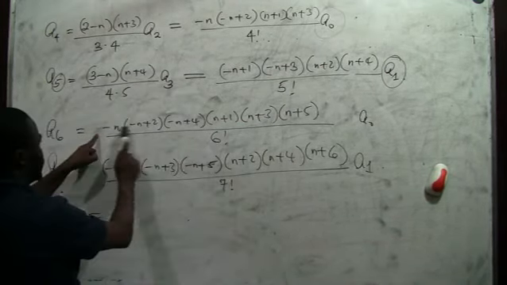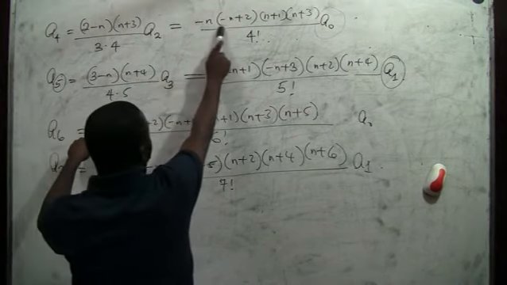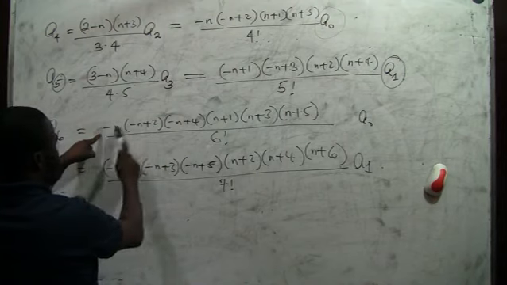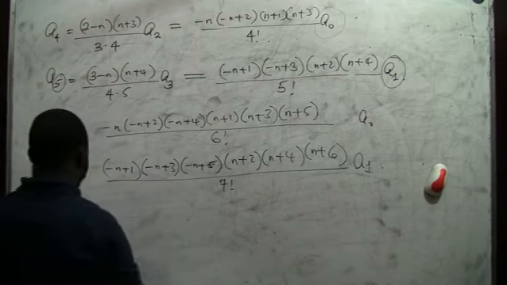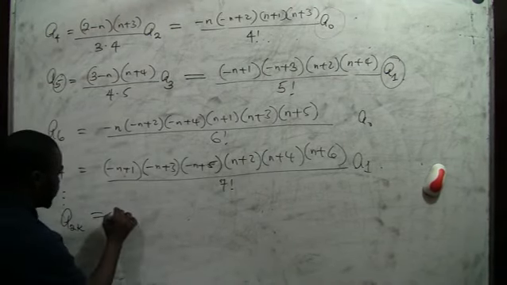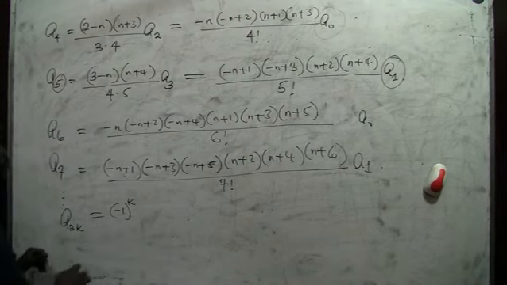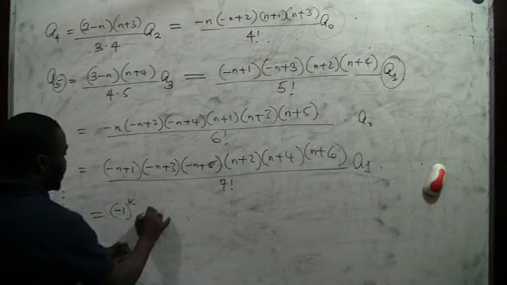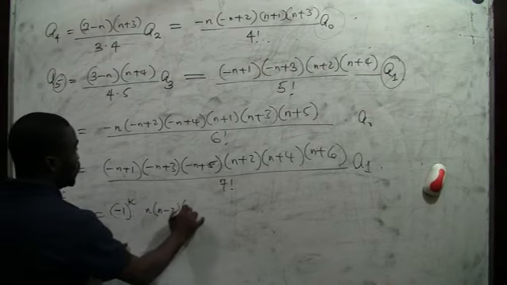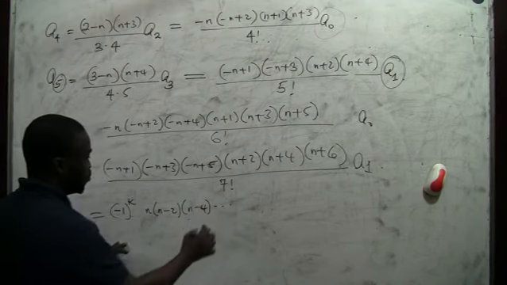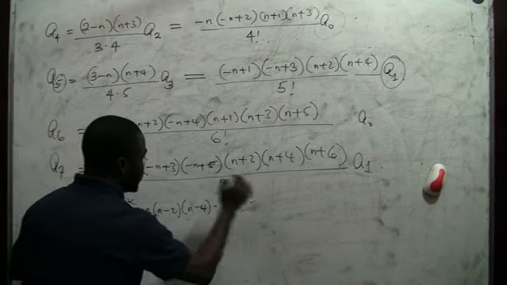Now let us bring out all the negatives. Here we are going to have two negatives, that is minus 1 raised to the power 2, minus 1 raised to the power 3. At this point it's going to be minus 1 raised to the power k. Then we are going to have n minus 2, n minus 4. It continues until I have n minus.